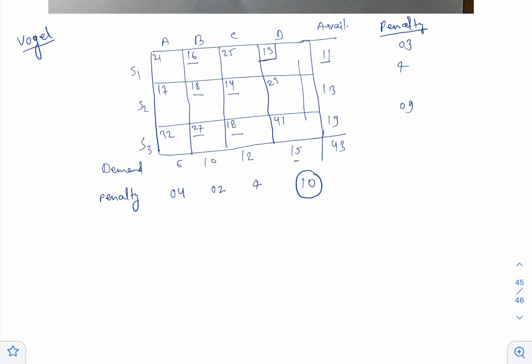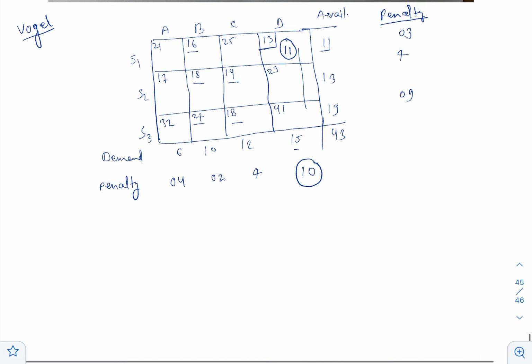Here availability is 11 and demand is 15, so the maximum possible allocation is 11 to this cell. Now the availability in the first row is exhausted, so we write cross in all the cells of the first row. Now we can recalculate the penalties for the remaining rows and columns.